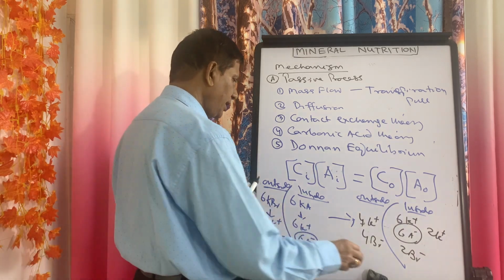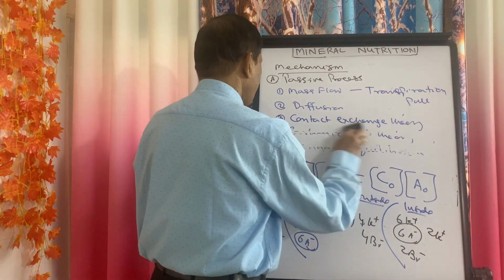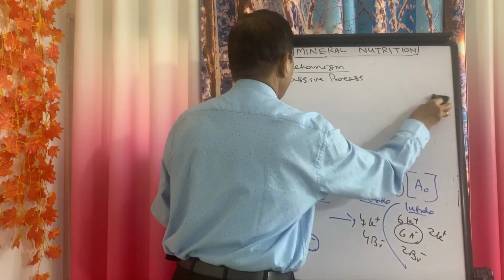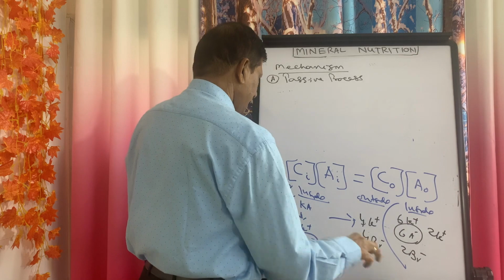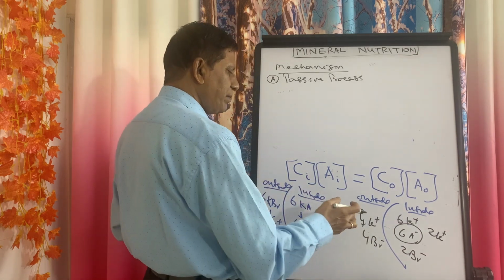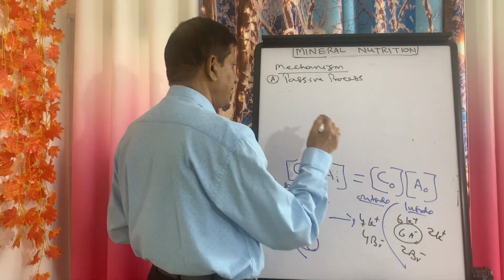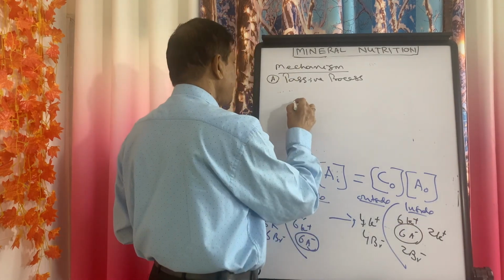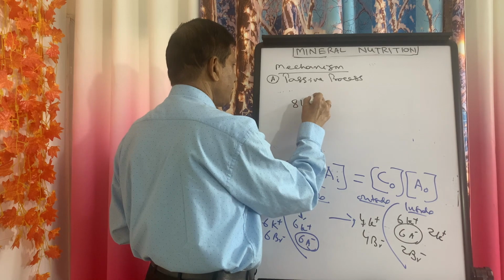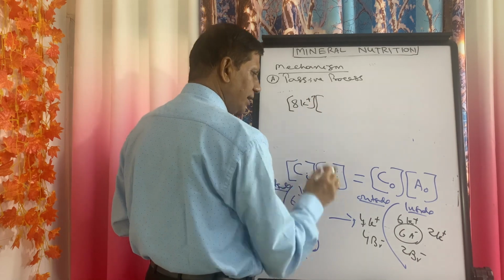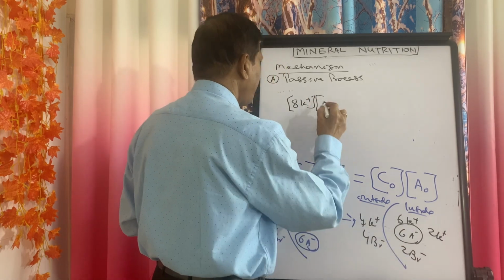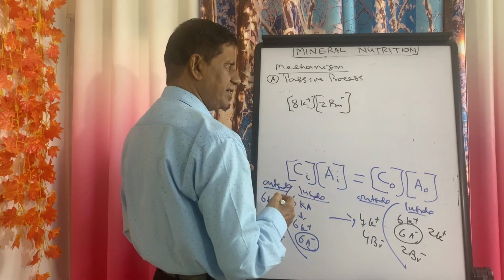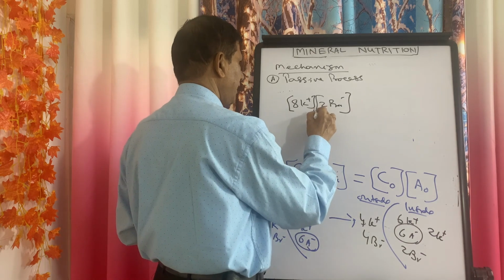So now you see whether this equation is remaining same or not. Now see the concentration of cation and anion inside. So here inside means now this is 6 potassium and 2, that means 8 potassium ions and the 2 bromine ions. Both are inside.